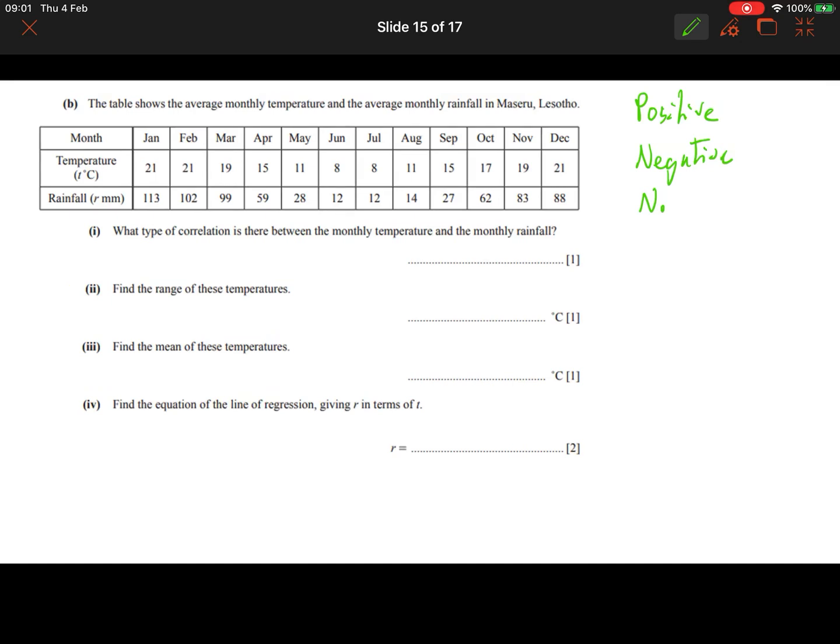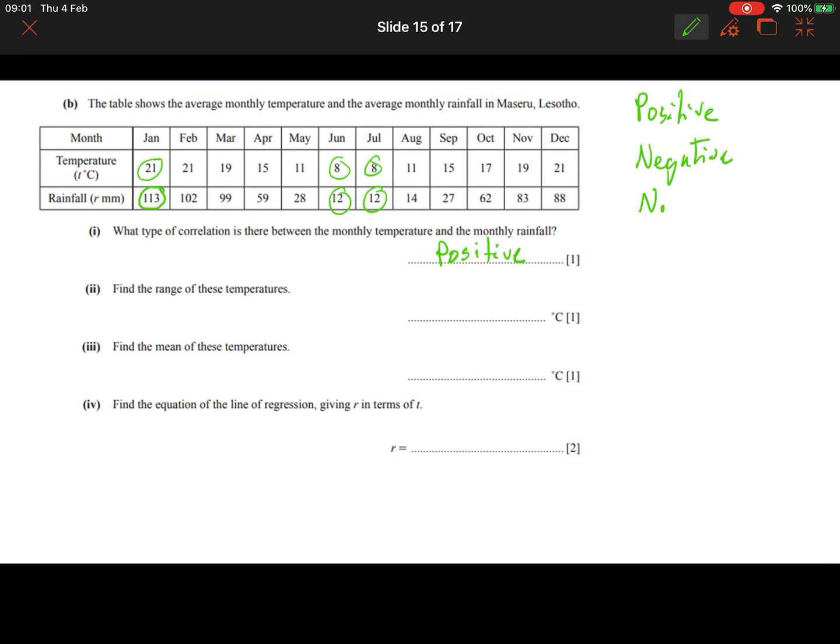But you can see if the temperature is high, so for example in January we have a high temperature, we have a high rainfall. But if the temperature is low, we have a low rainfall. So that means as I increase temperature, I increase rainfall. So we've definitely got a positive correlation. 1 mark, all you need to write was positive. As temperature goes up, rainfall goes up.